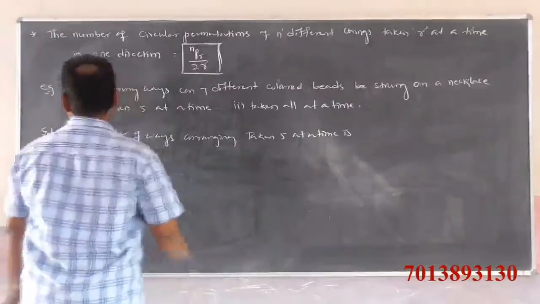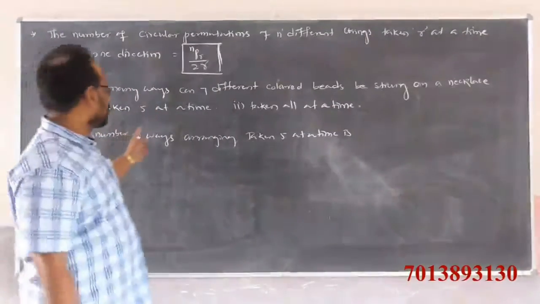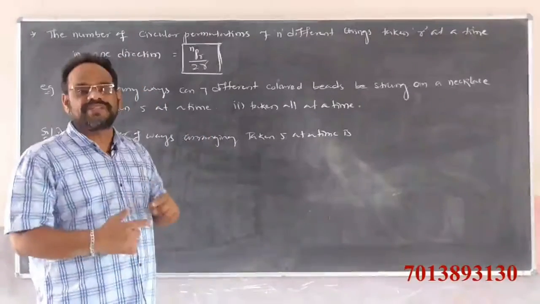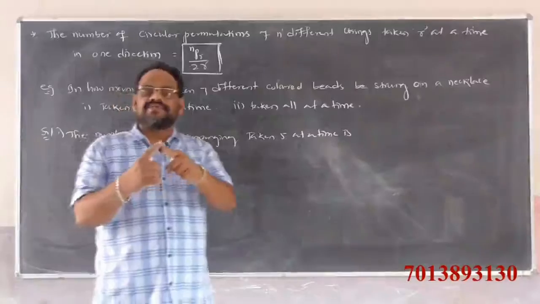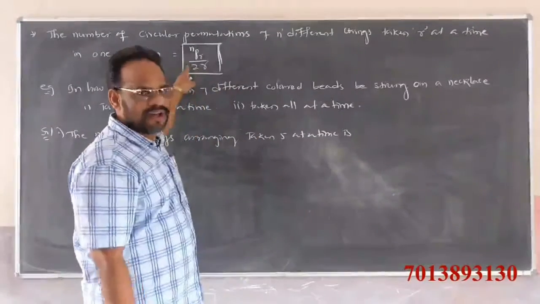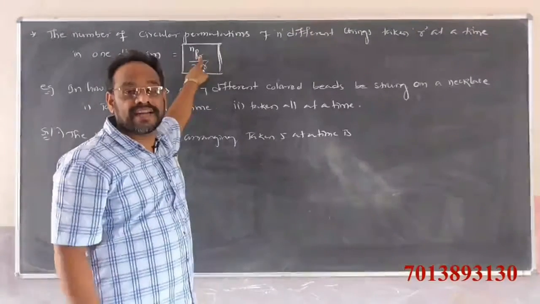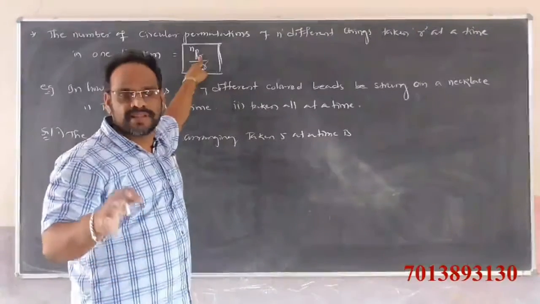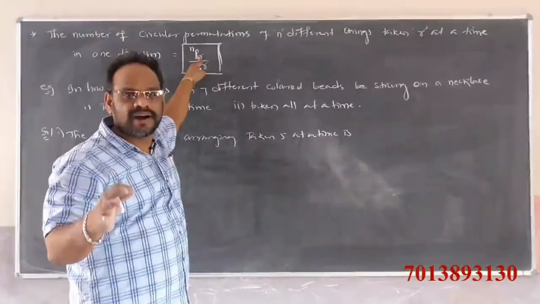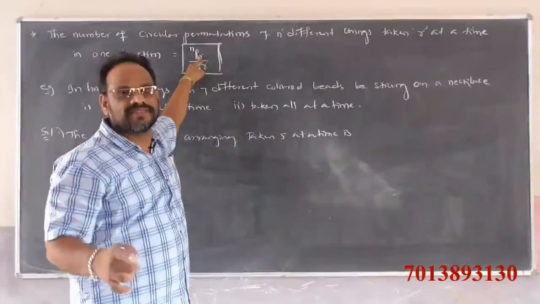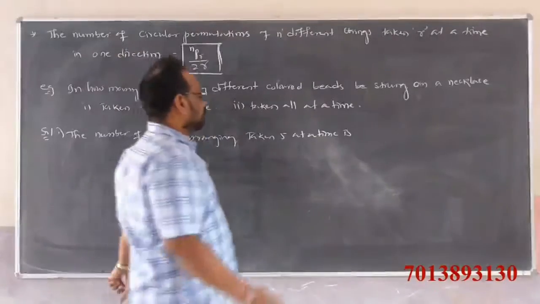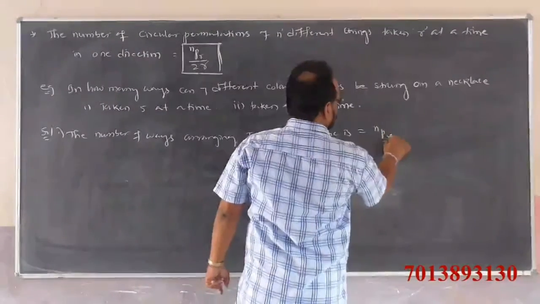Clearly this is a necklace of beads, so we consider only one direction. Already we discussed the formula: the number of circular permutations of n different things taken r at a time in one direction is nPr by 2r.